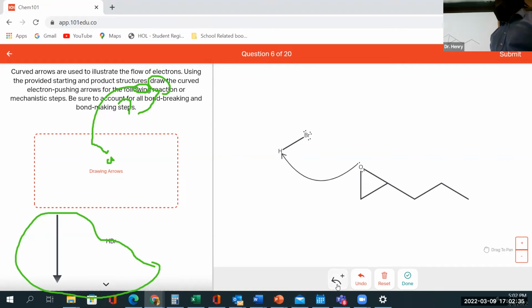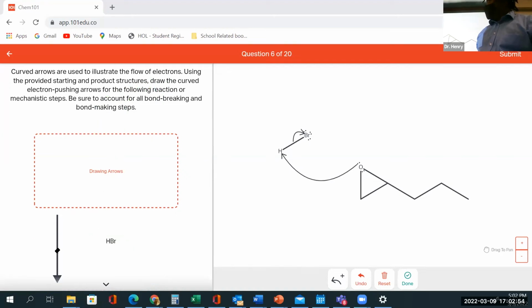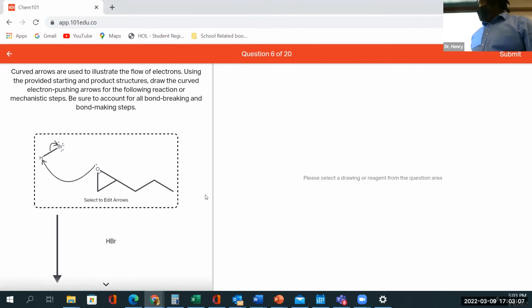Okay, do I just hit the arrow again? This isn't that bad. Oh, do I hit done? Oh, look at this.